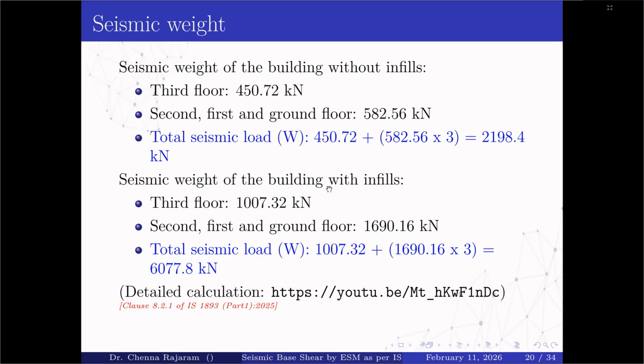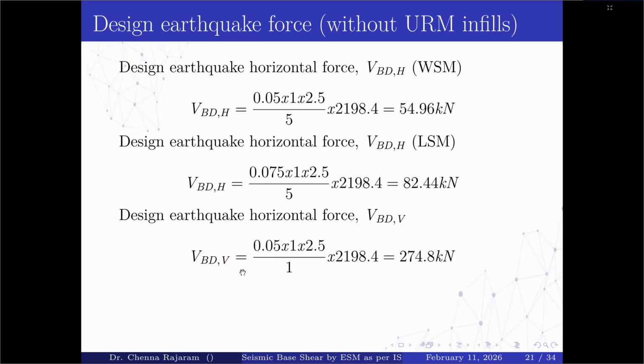Then the seismic weight of the building with infills. For the third floor, the value is 1007.32 kilonewtons. For the second, first, and ground floor, the value is 1690.16 kilonewtons. Then the total seismic load W comes to 6077.8 kilonewtons.